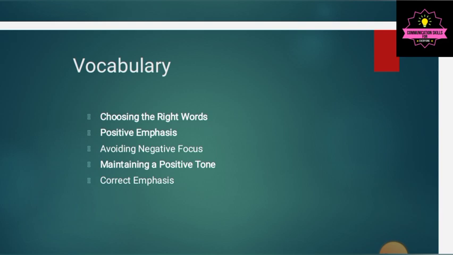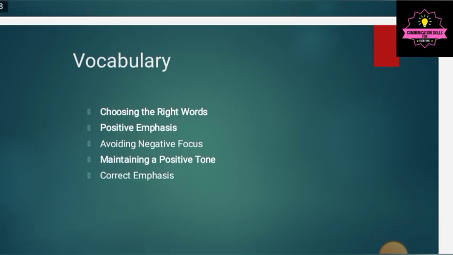And positive emphasis, maybe you can focus on positive aspects and solutions, like highlighting the benefits rather than drawbacks. Frame statements in a constructive manner, saying we can improve by, instead of we failed because. So you're talking about positive, focusing on positive words. Avoiding negative focus, reframing negative statements, like you turn negatives into positives.